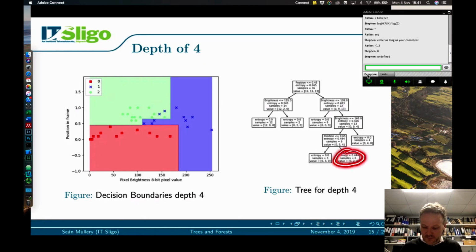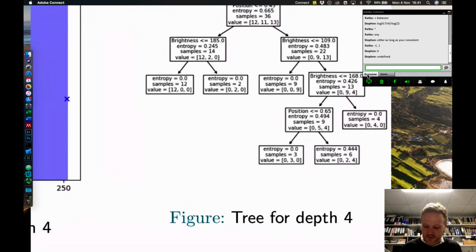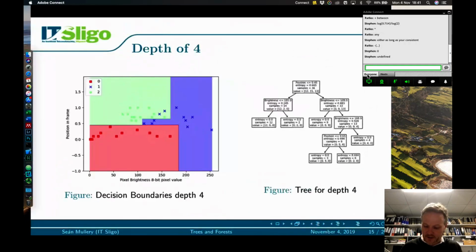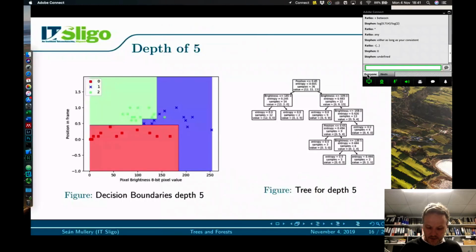And that's what's basically held up here. We can see that we've got 2 of the blues and 4 of the, I don't know whether you can see them, but it's 2 of the blues and 4 of the greens in that area there. So that's what the final chunk of the tree is going to try and do. Well, it's actually going to have to do it in 2 steps, unfortunately.